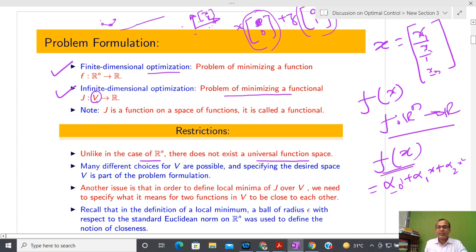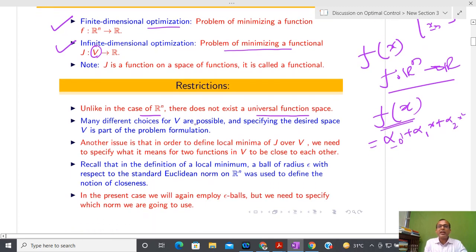Due to that reason, many different choices of V are possible. In this lecture we are going to see what kind of different choices come into the picture. With different choices, it might be possible that for some choice maximization or minimization is possible, otherwise not.